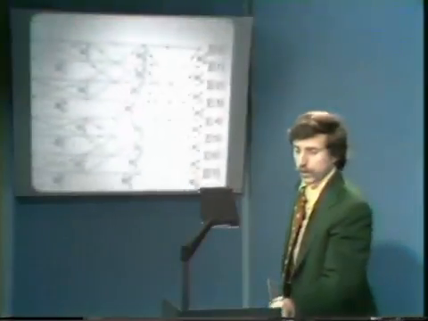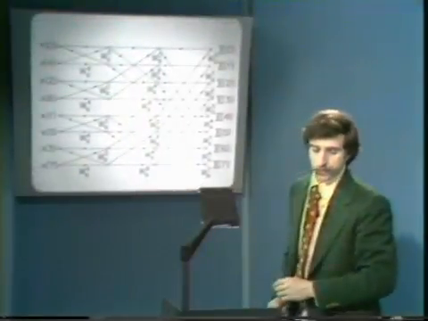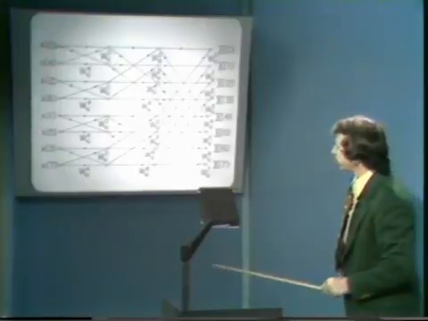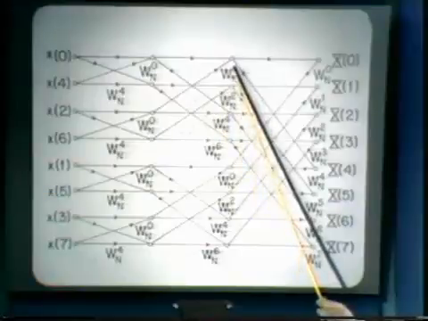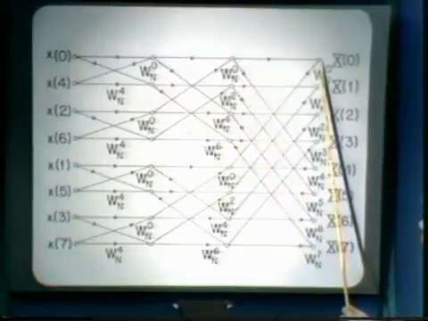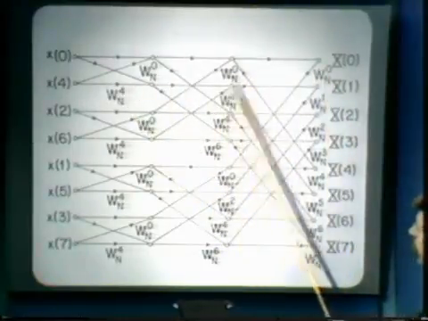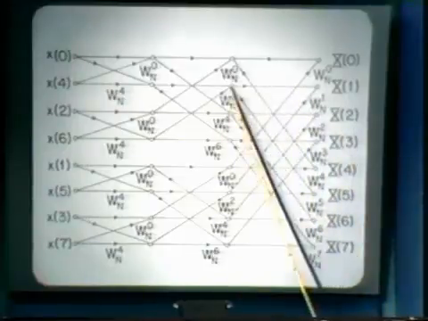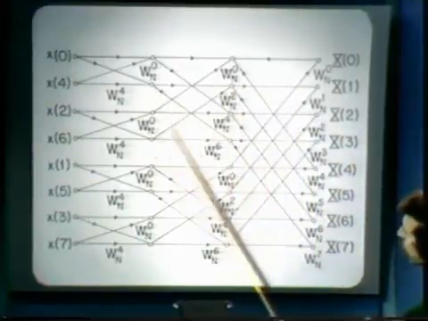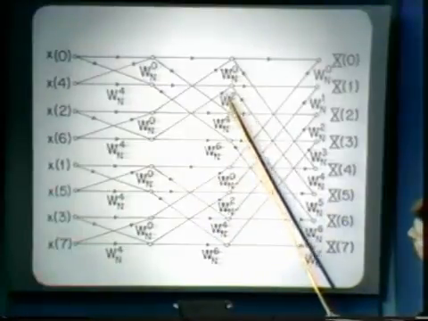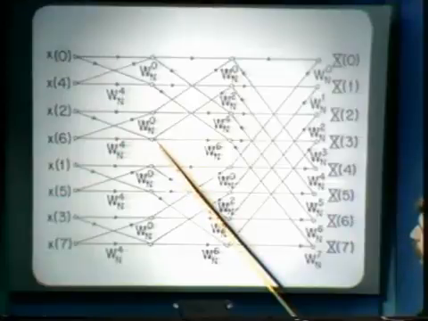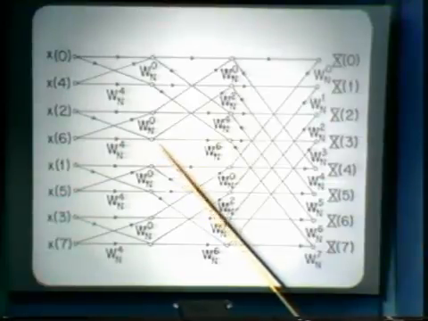The first is to introduce a fairly straightforward simplification by, first of all, again, reminding you that the basic computation involved always, from one stage to the next, is always a butterfly type of computation with multiplications by powers of W applied to the signal from the bottom node.